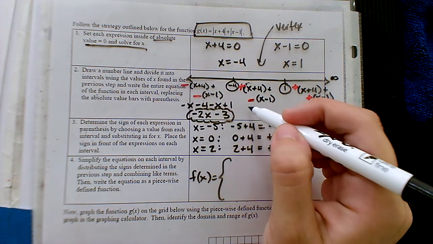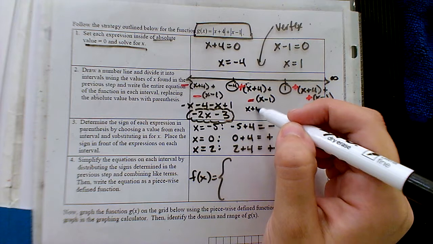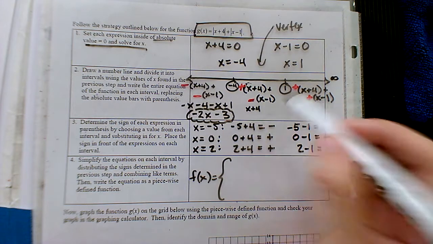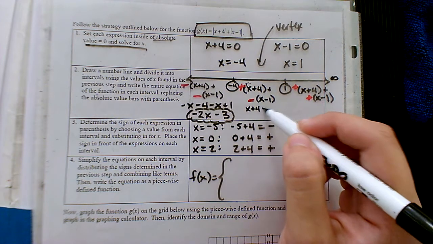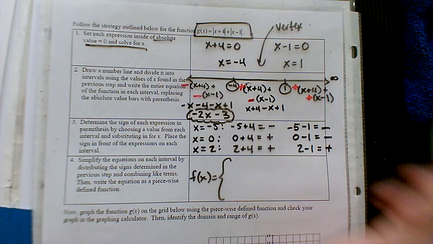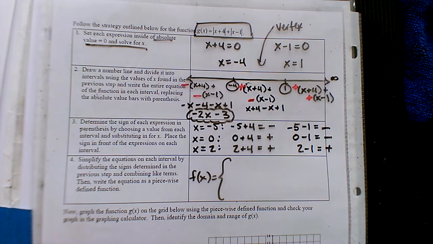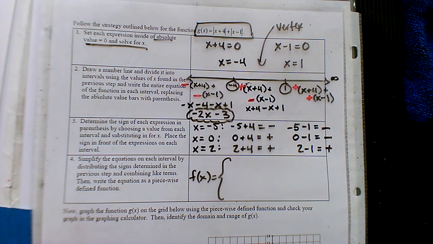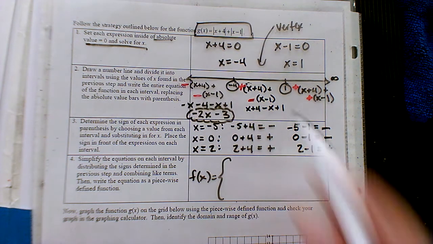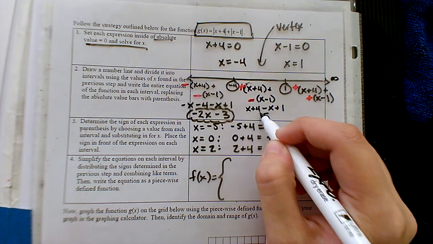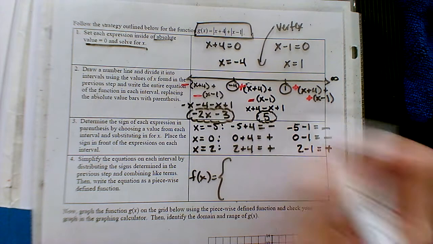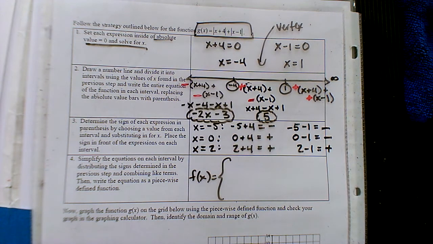The middle interval, if we distribute a plus sign, it's not going to change, but then the negative for the other parenthesis would flip everything. So combining like terms, it looks like the x's would cancel, and we're just left with 5. So there's another line we have to graph.